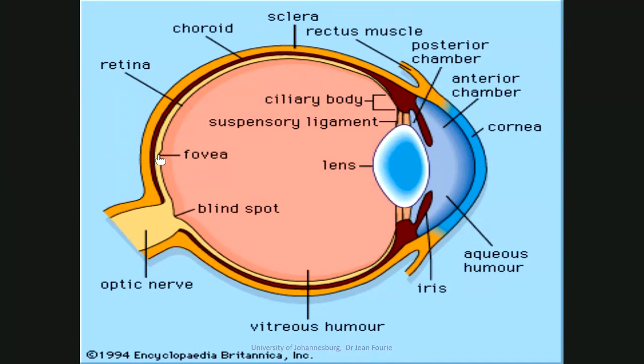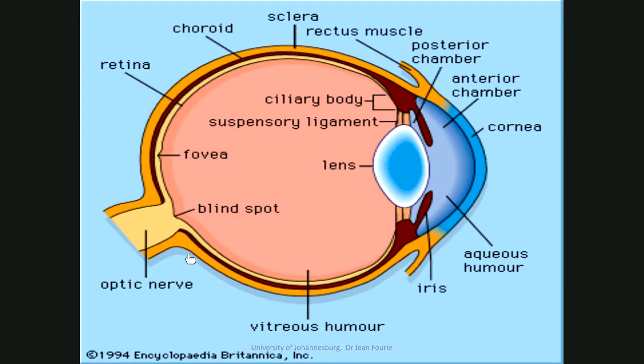Each of these little neurons then goes, its fiber passes down into the optic nerve, and from the optic nerve, all the fibers go into the cortex, the visual cortex, so that the brain can make sense of what it is seeing.